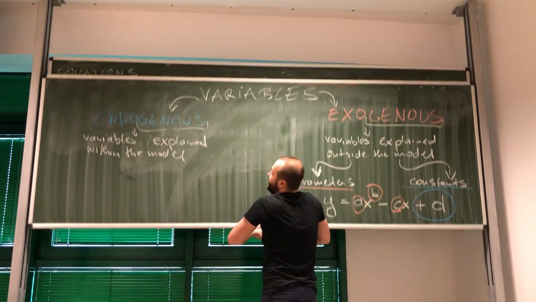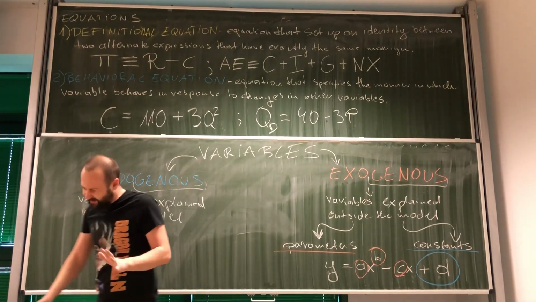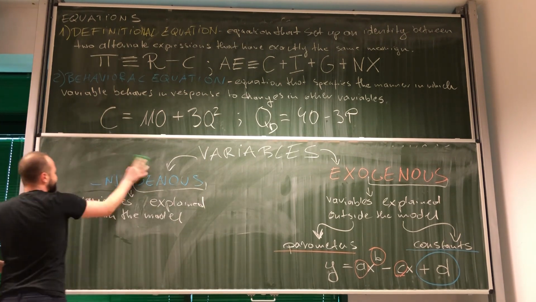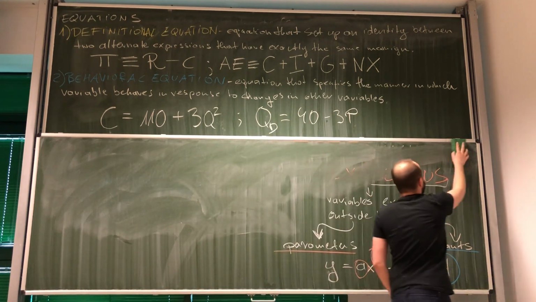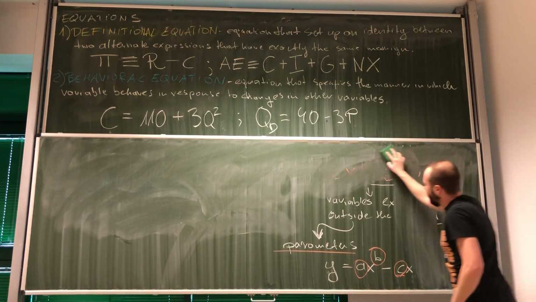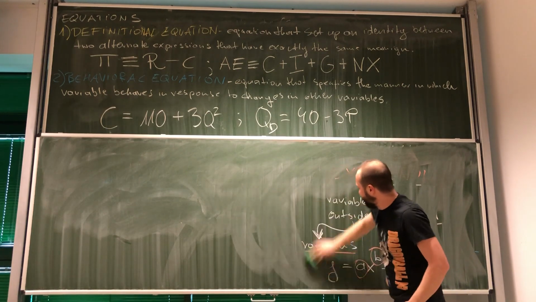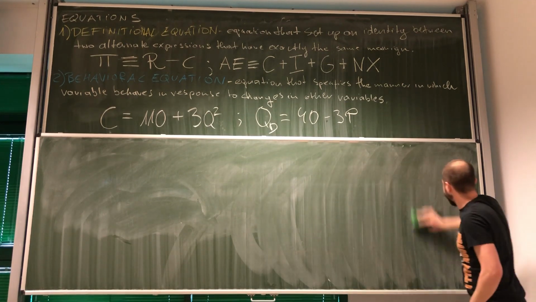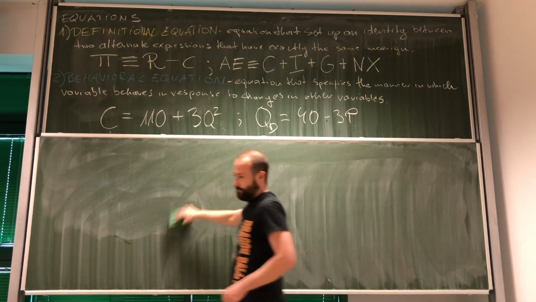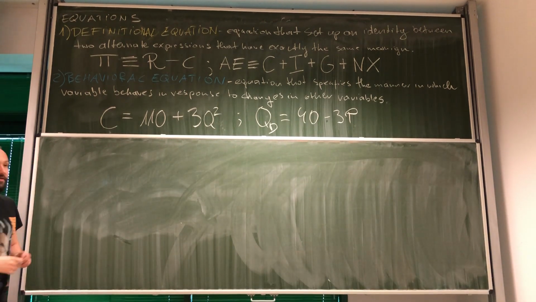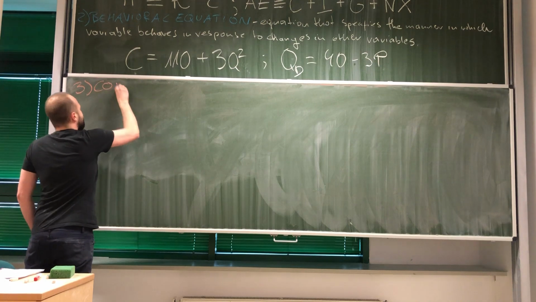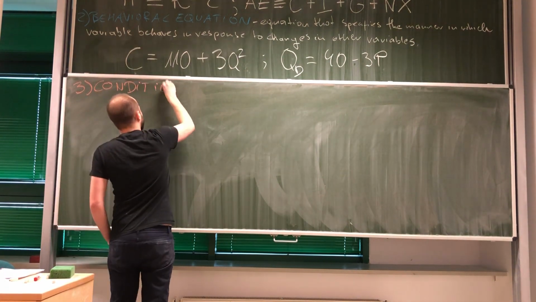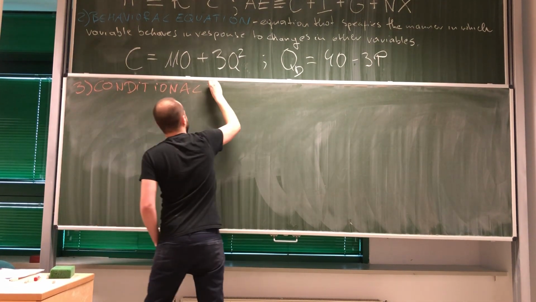Okay, now finally, we've got a third type, which is actually made of two subcomponents, and those are equilibrium conditions. Okay, so we've got number 3 is conditional equation.